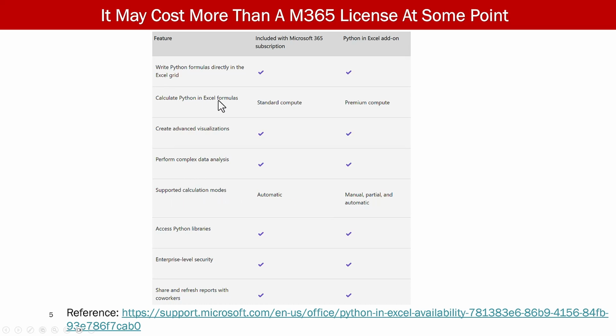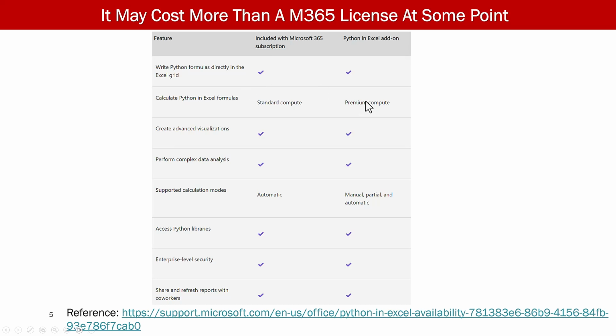At first, we all thought it was just based on the compute. So Microsoft came up with this approach of there's going to be a dedicated Python in Excel license, which is going to require a paid license on top of your M365, and that will give you premium compute.